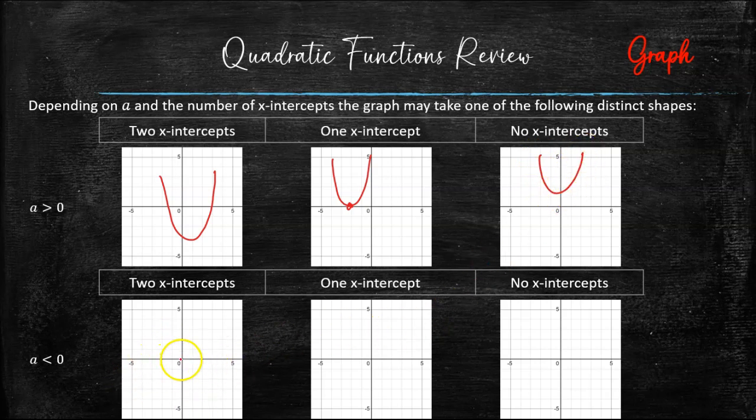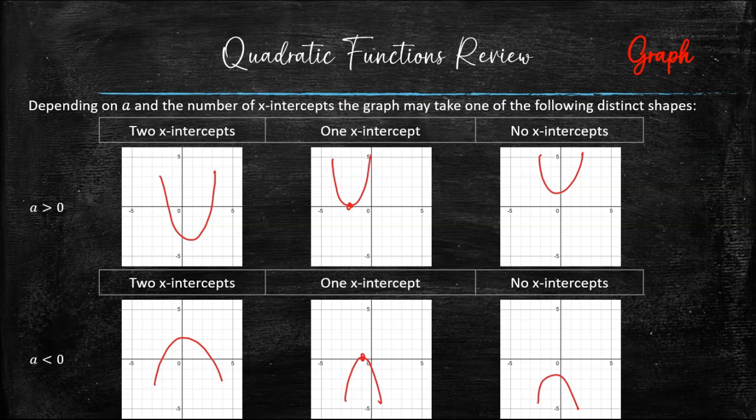So when the parabola is upside down, the same three cases: you may have two x-intercepts, or you may have one x-intercept, or you may have no x-intercepts.